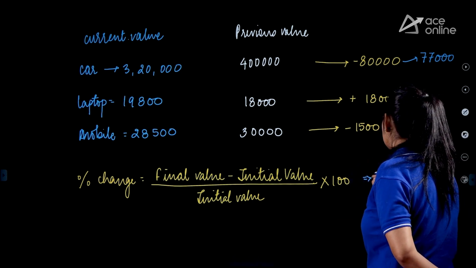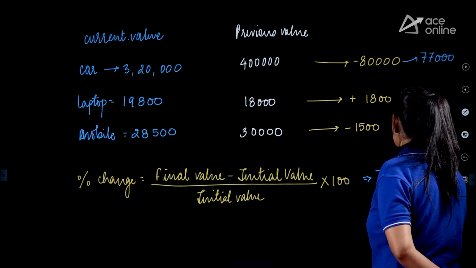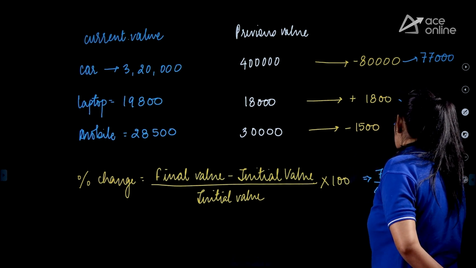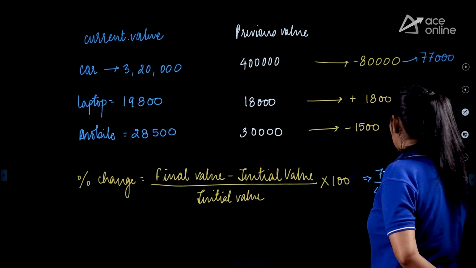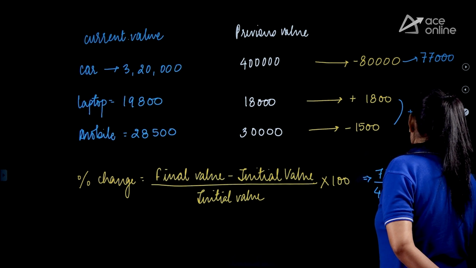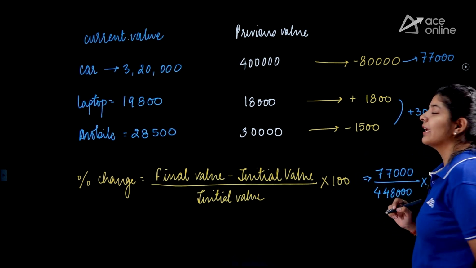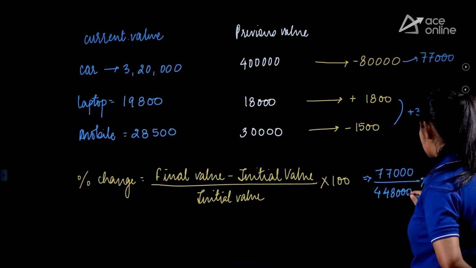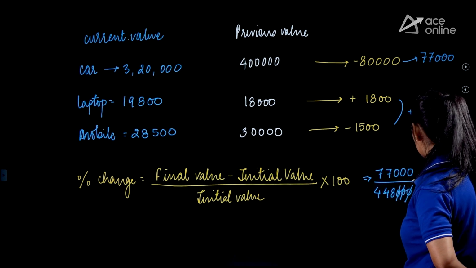So we can say that 77,000 divided by 4,48,000 into 100. This is what I need to solve. So I'm just simply subtracting these 3 zeros from these.